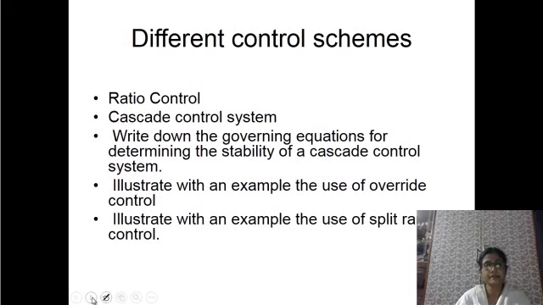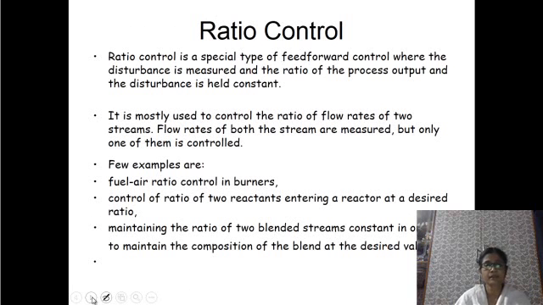All these are special types of control schemes, and they are under either feedback control systems or feed forward control systems. Ratio control is used for maintaining a fixed ratio for two fluid flow paths.